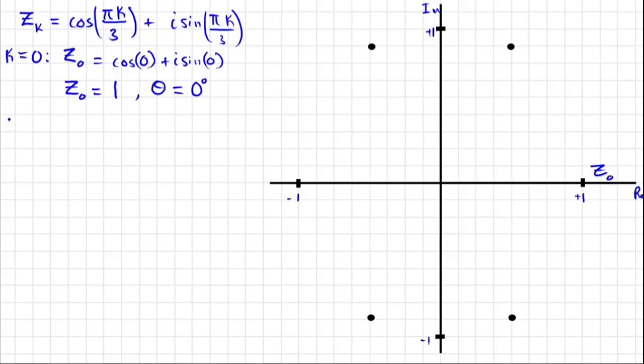So we'll do the same. When k is 1, we're finding z1. This means that I'm replacing k in the original expression that I have on top there.